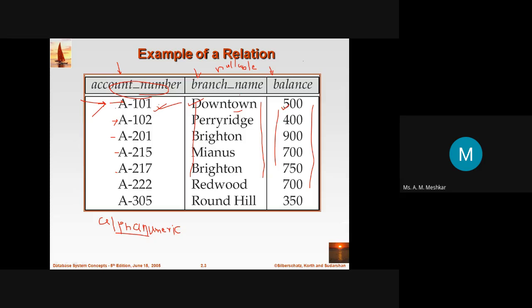लेकिन बैलेंस can't be entered as a null. Okay, there has to be some balance, in terms of greater than 0, the balance value can't be null. Okay, so इसे हम nullable कभी स्पेसिफाई नहीं करेंगे, लेकिन हम ब्रांच नेम को nullable स्पेसिफाई कर सकते हैं, because it may be the case that if some person's account number you are knowing, balance you are knowing, but you don't know where the exact branch is.